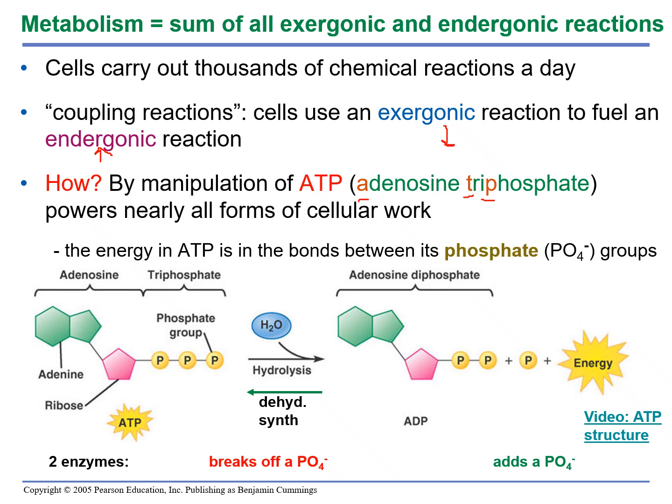It's dependent on how energy is taken from ATP. So when you hydrolyze the ATP, it becomes ADP. Adenosine diphosphate is equal to ADP. You might read ADP in a lot of books.